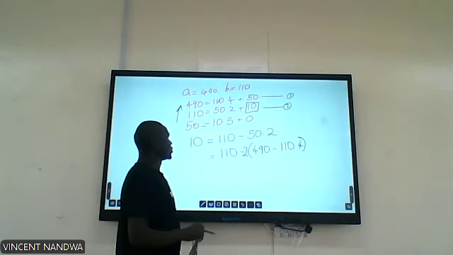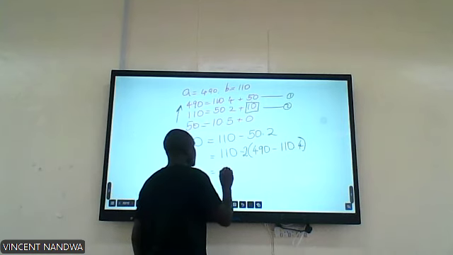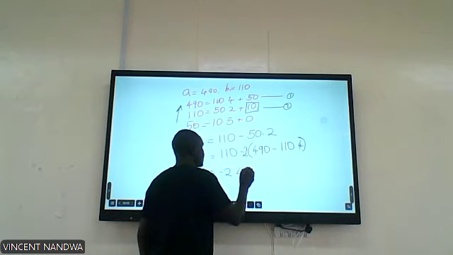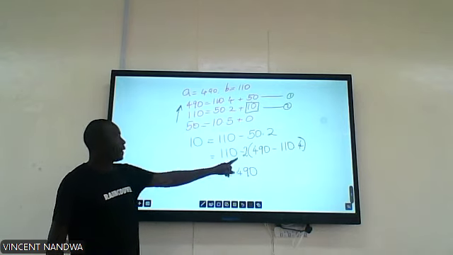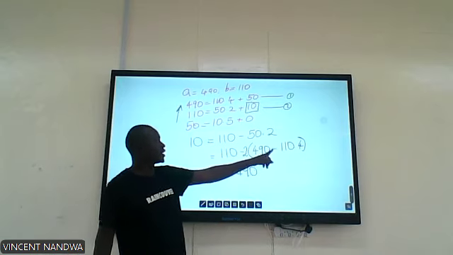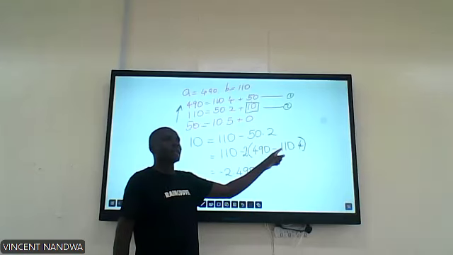Now, in the usual way, we have minus 2 times 490. Then minus 2 times minus 4 times 110. Minus minus is plus.